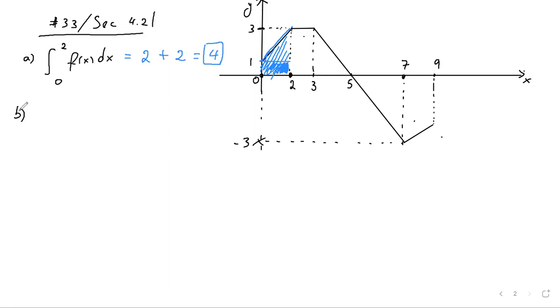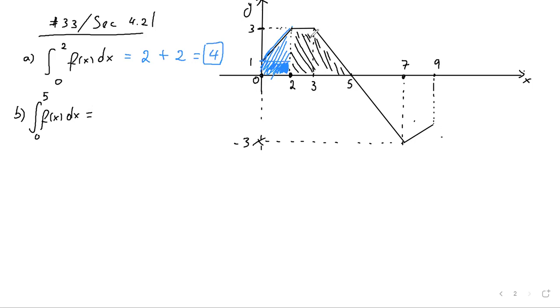Let's write again with black. So the next thing he says here, the integral from 0 to 5 of f of x dx. Now we continue with this calculation. We already broke it up from 0 to 2. From 0 to 5, we just have to look at a bigger area, the one that's not counted the first time around.